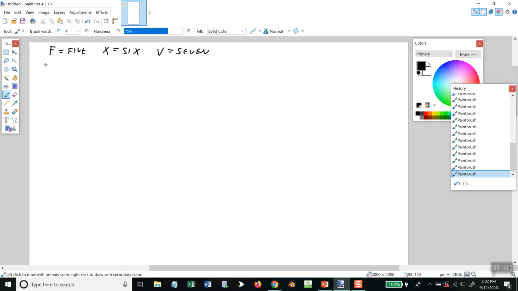So if I focus first on the 5, I'm trying to find the cardinality of the multiples of 5. Multiple means you keep adding the number over and over: 5 plus 5 is 10, plus another 5 is 15, 20, and so forth.